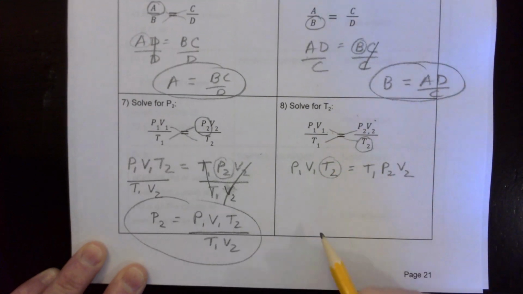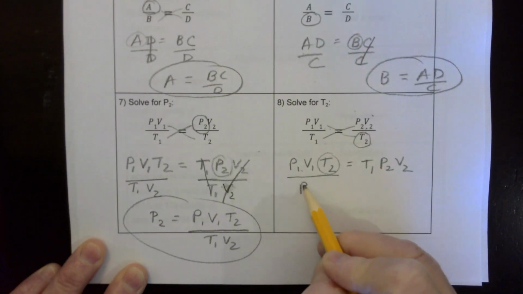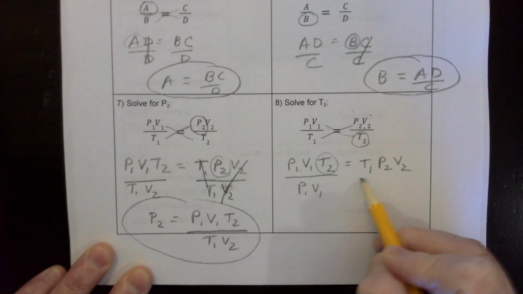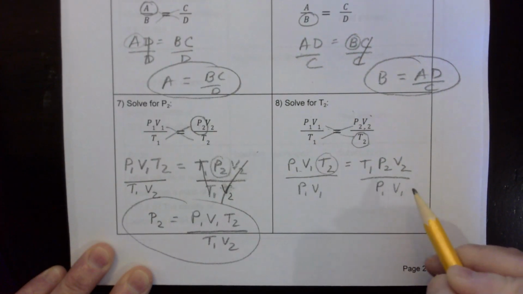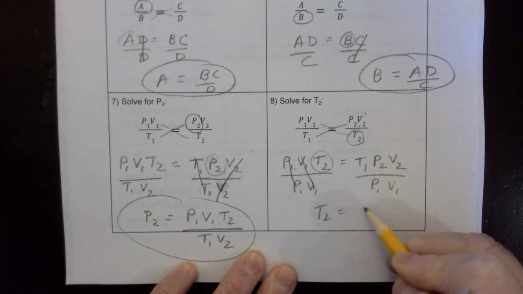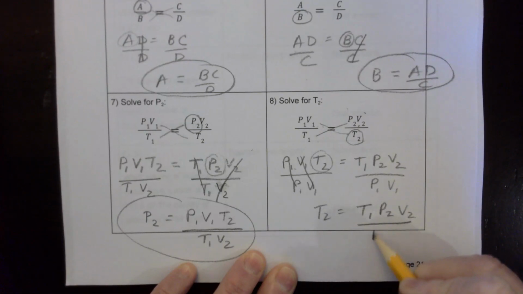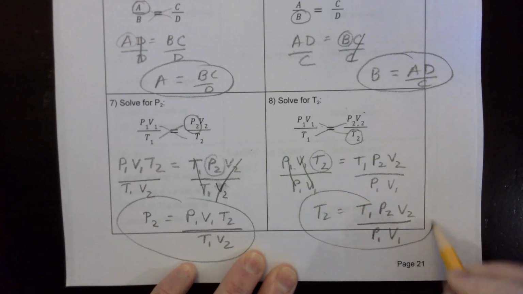I'm going to circle what I'm solving for, recognizing that I need to get rid of the P1 V1, so I'm going to divide both sides of the equation by P1 and V1. Cleaning it up, I have T2 is equal to T1 P2 V2 over P1 V1.